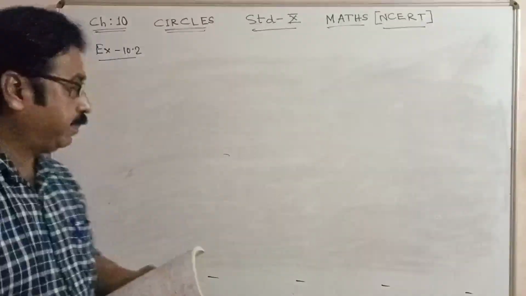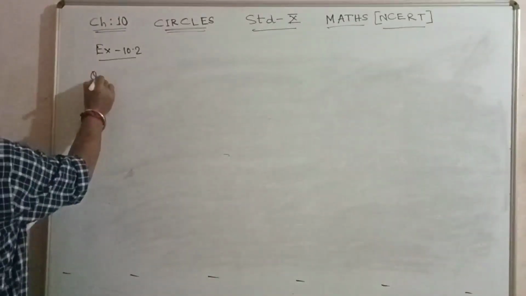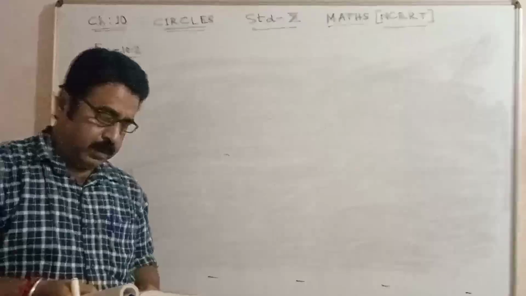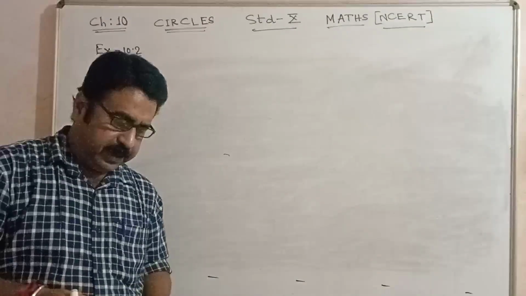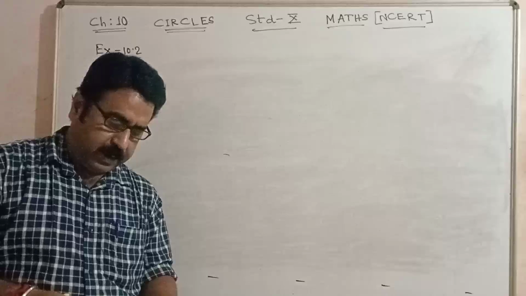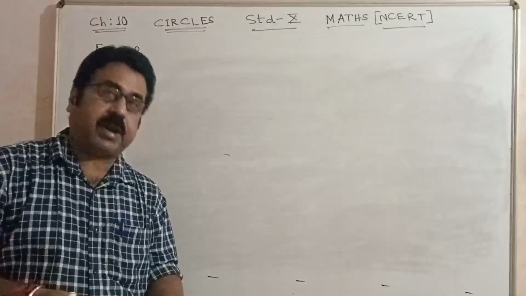Question number 4. Prove that the tangents drawn at the ends of a diameter to a circle are parallel.